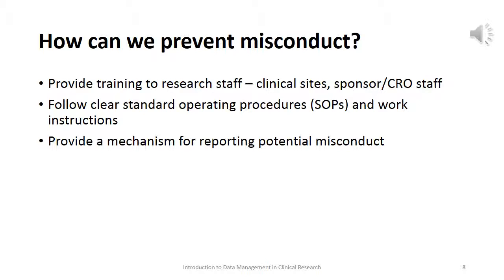And then we need to provide a mechanism for reporting potential misconduct. That can be something like an anonymous 800 number you can call to report something that you don't think is completely accurate, or it could be some other mechanism for reporting misconduct.